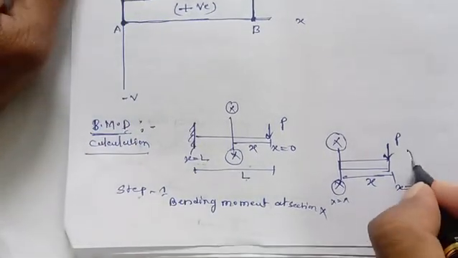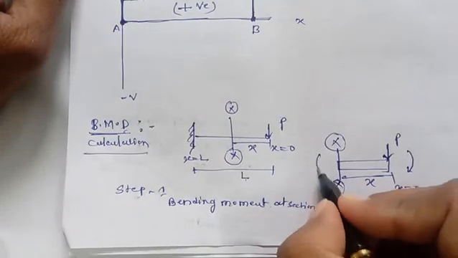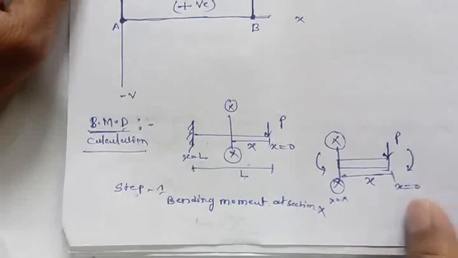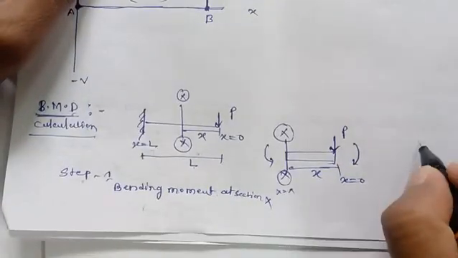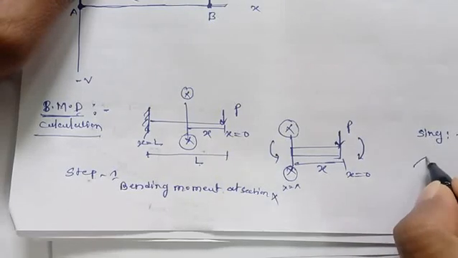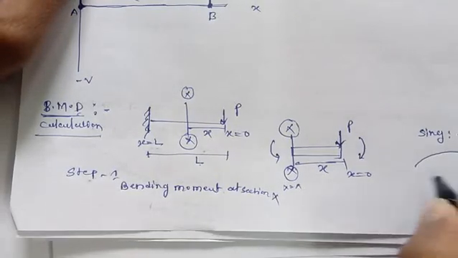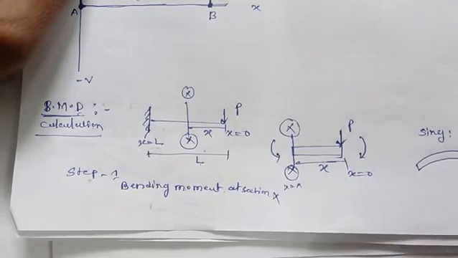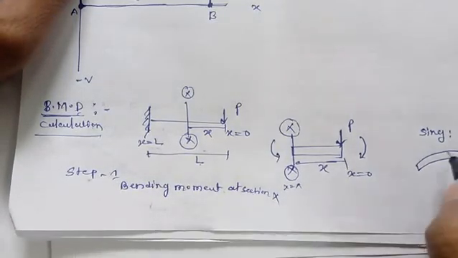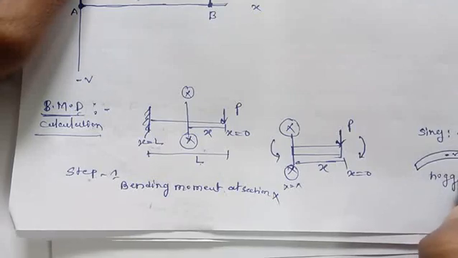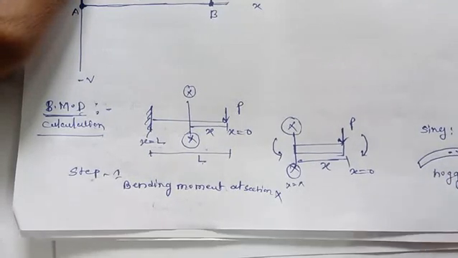it tries to rotate the beam downward like this. So it tries to rotate the beam this side. As per our sign convention for bending moment, when the P pushes this beam downward, it will be negative, and it is called hogging.